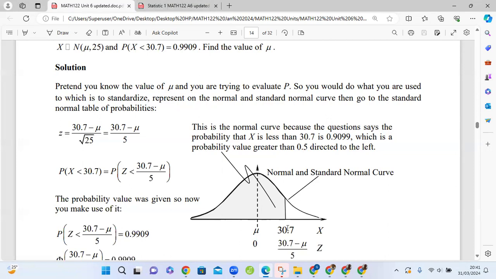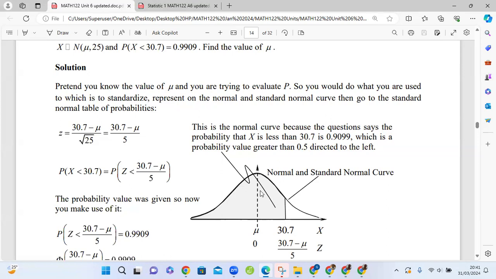So 30.7 must be greater than mu, because we're going to get a positive value for z, because z will be on the right side of 0, and a positive value of z, meaning 30.7, will be greater than mu.